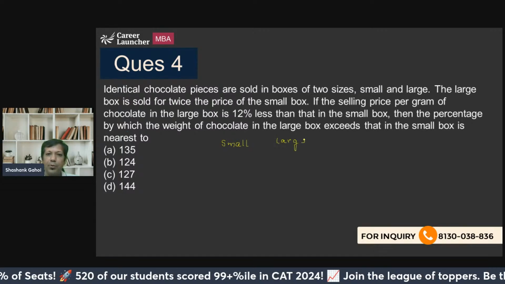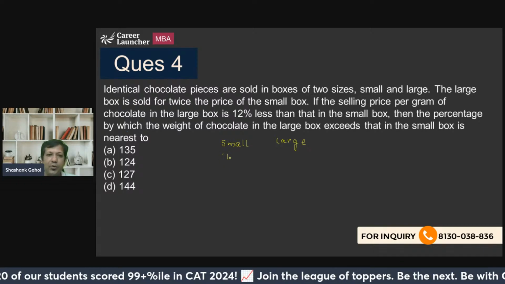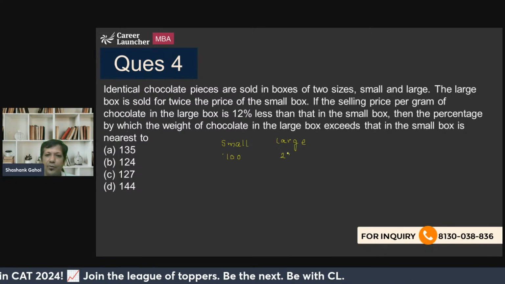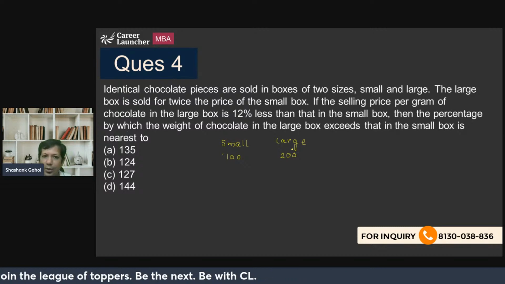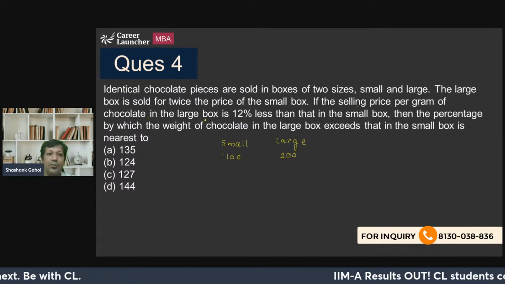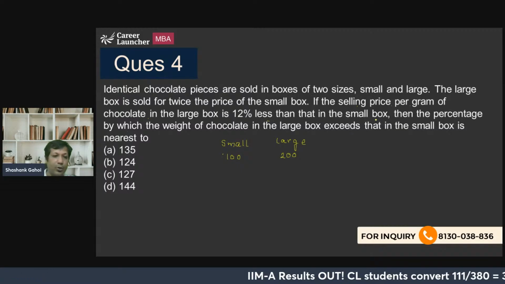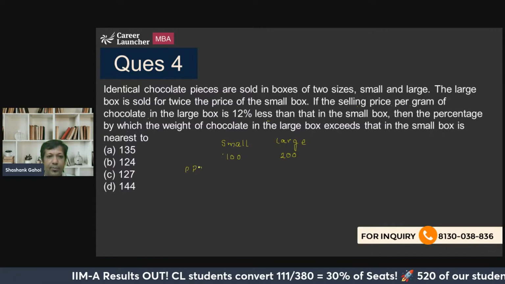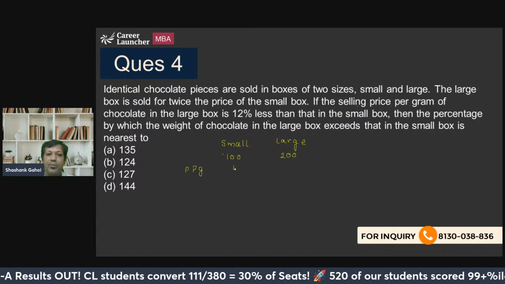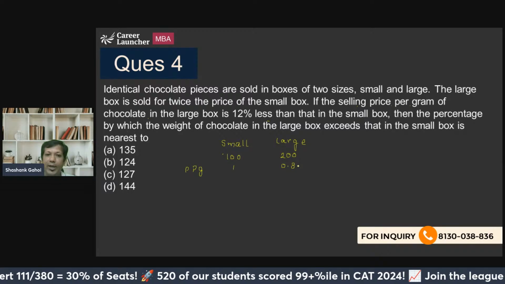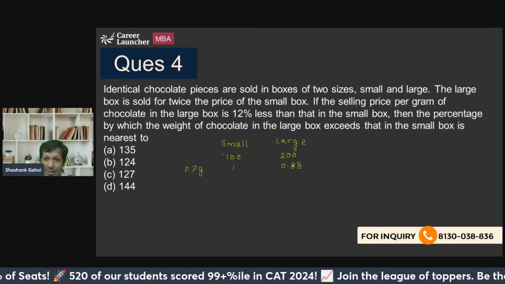Say a small box has a price of 100 rupees, that's just an assumption, and large box has a price of 200 rupees. If the selling price per gram of the chocolate of the large box is 12% less than that of small box, price per gram, I am assuming in a small box is 1. So in large box, it's going to be 0.88 because it is 12% less.